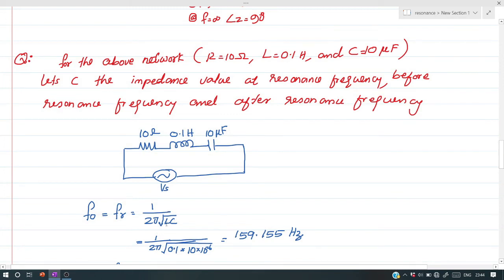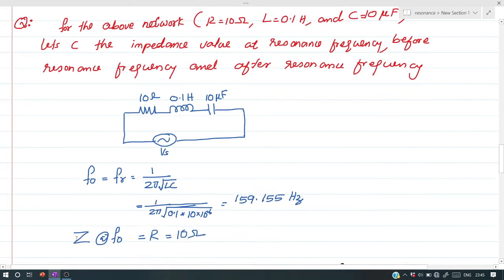Substituting the value of L as 0.1 Henry and C as 10 microfarad, we can obtain the resonance frequency as 159.155 Hertz. Corresponding to resonance frequency, we know the circuit behaves as a pure resistive circuit. So at F0, that is the resonance condition, impedance is 10 ohm itself.